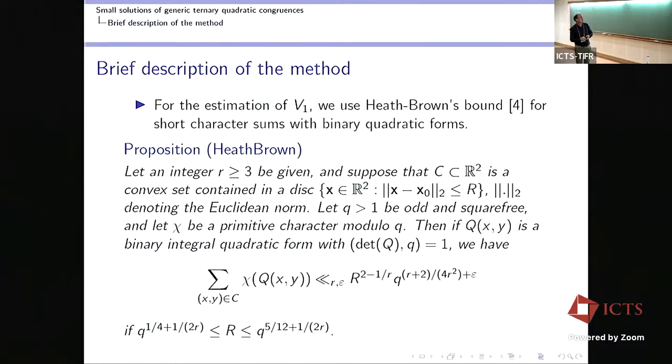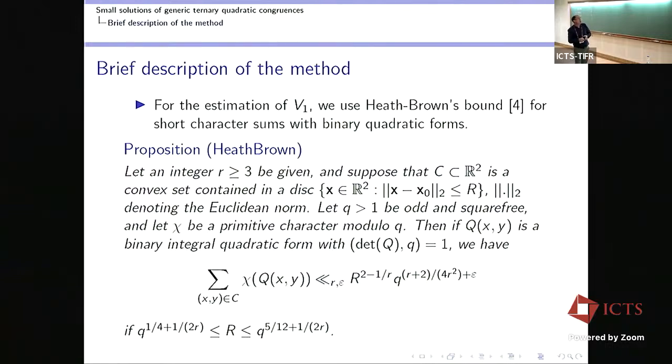This has been generalized by Lillian Pierce to more general forms, forms of higher degree. So you have a convex set contained in a disk of radius r. In our case, we just take a square of the same size.